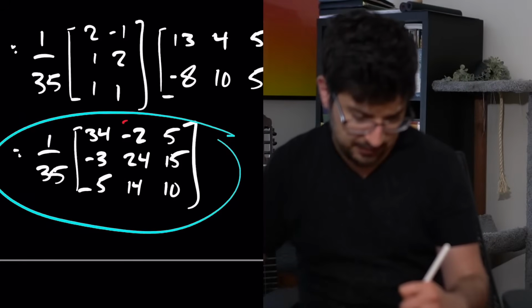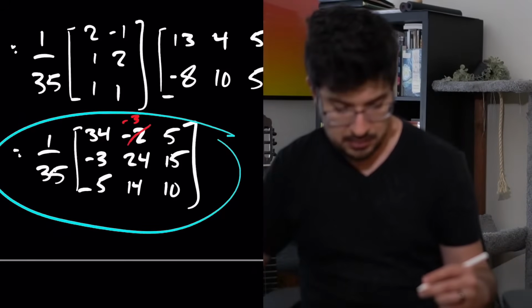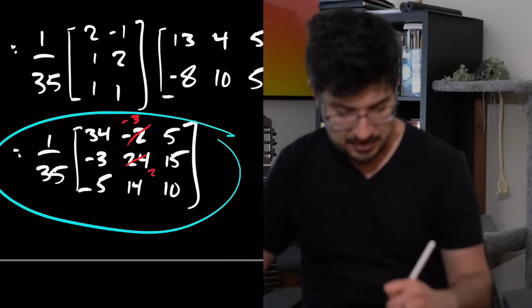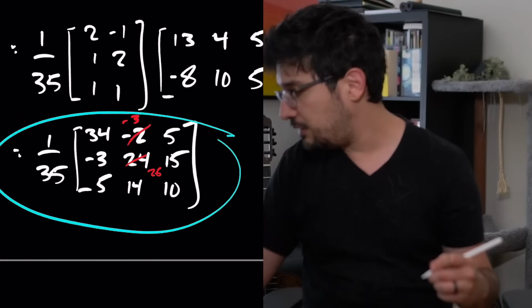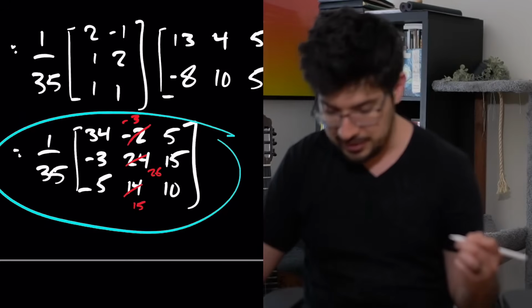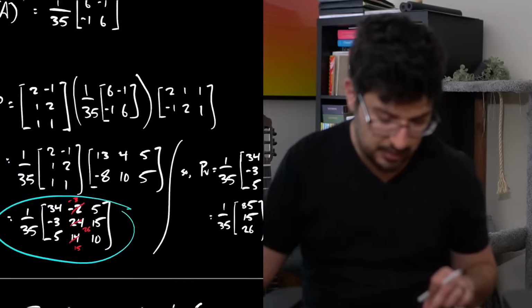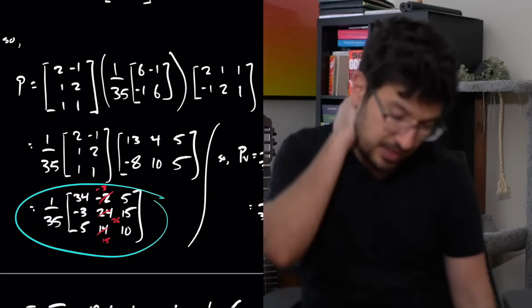So this is a -3 instead of -2. -3, 20, this is a 26. 15, 5. This one is 15. So there's literally just a mental math error in the second column of one of these previous matrix calculations.